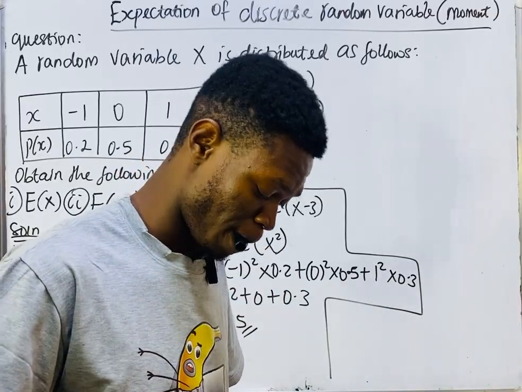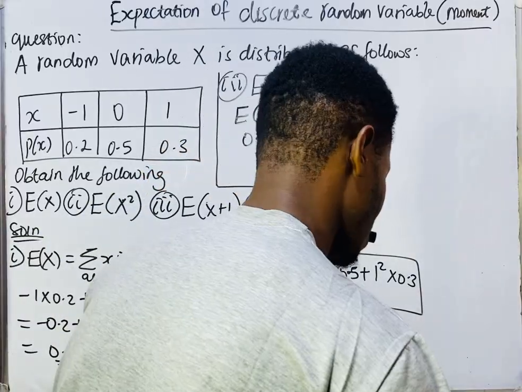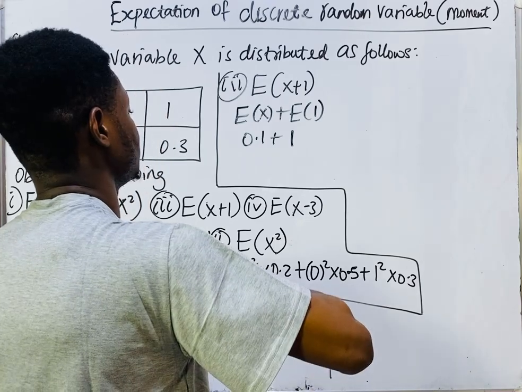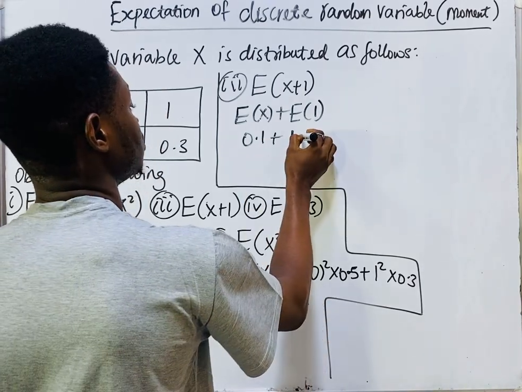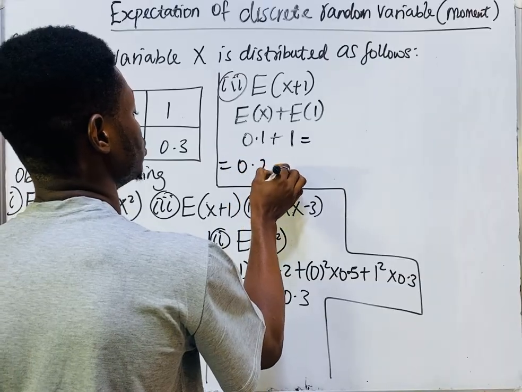So the expectation of 1 is 1. So when adding this, it gives us 0.2 as the answer.